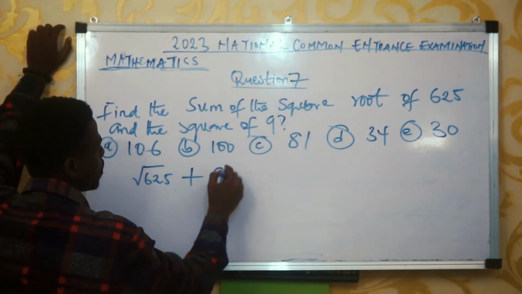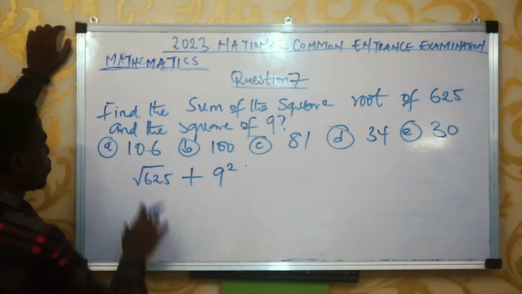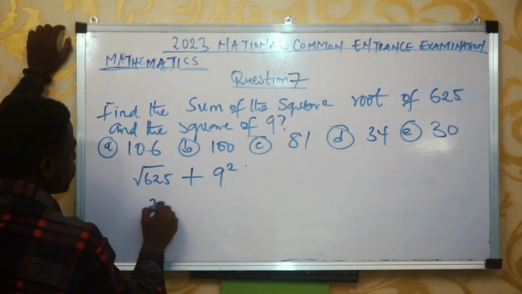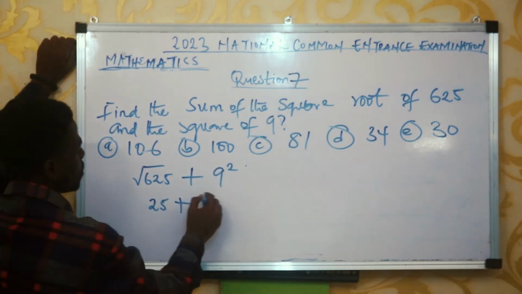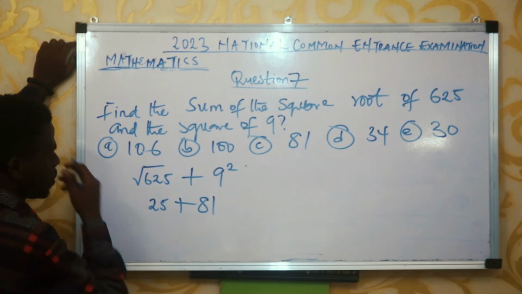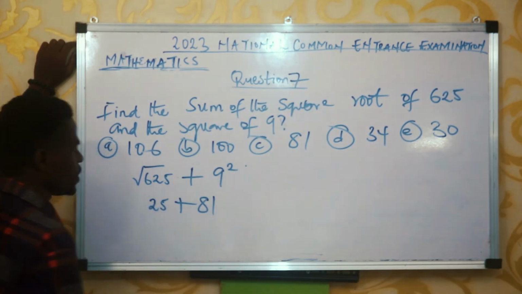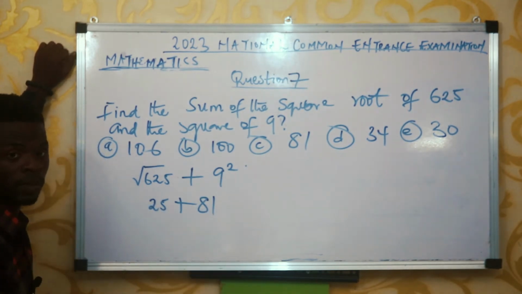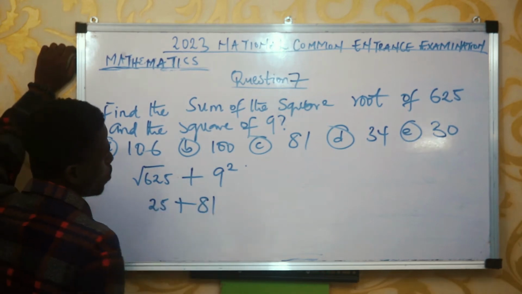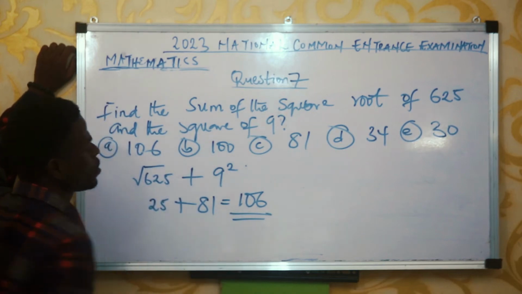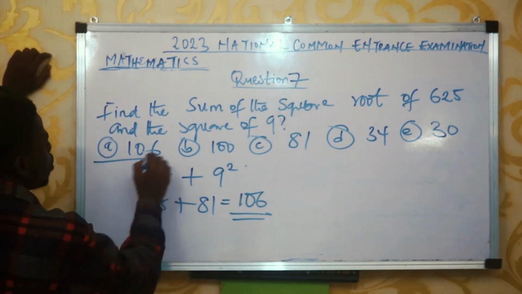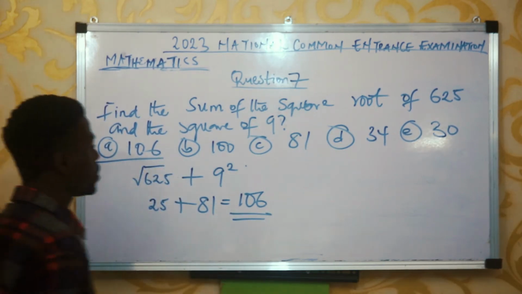The square root of 625 gives us 25, plus the square of 9, which is 81. So we want to add 25 and 81, and they give us 106. So our answer is 106, which is option A. Thank you very much.